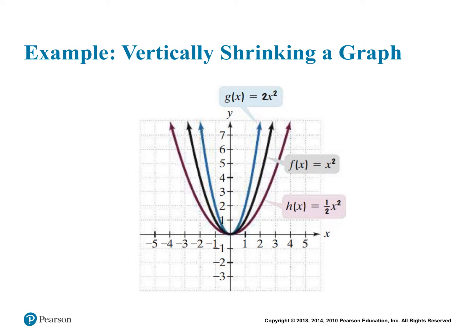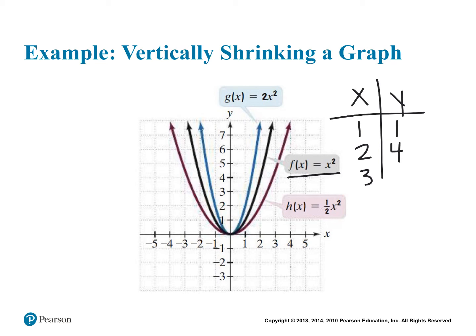So I think this one's one of the easier ones to understand. If you look at the black, that is my original x squared parabola. And again, if I think of a table, if I take 1 squared, I get 1. 2 squared is 4. 3 squared is 9.